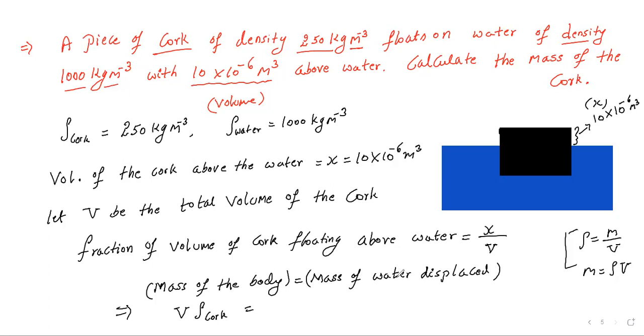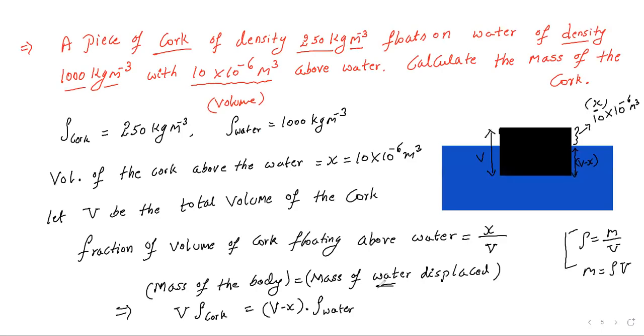Here water is going to be displaced, right? So the volume will be V minus X. Here I took the total volume as V, but part of the volume is above the surface of the water, that is X. Then the remaining immersed part is V minus X, correct? That V minus X into the density of the water. So both will be equal now.